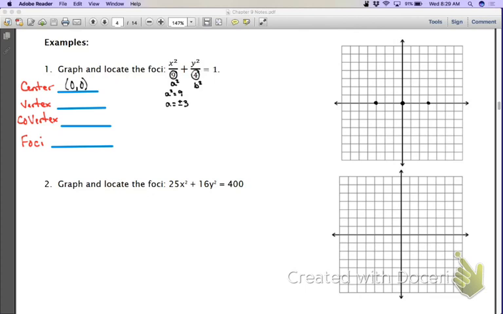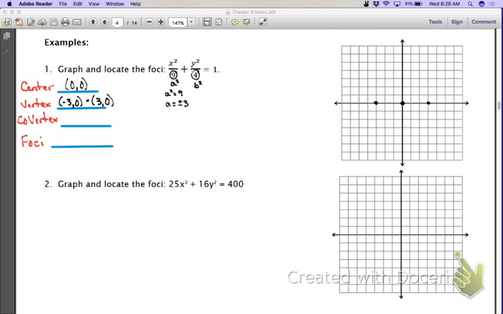So that's the long side. So where are my 2 vertices at? At -3, 0, and at 3, 0.